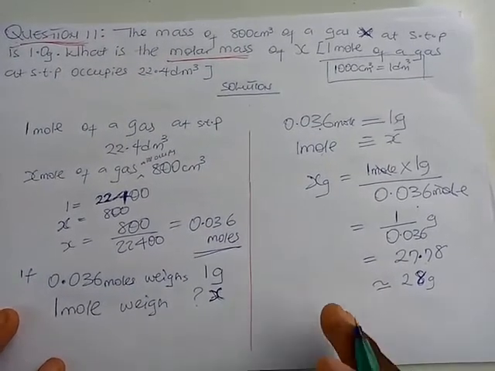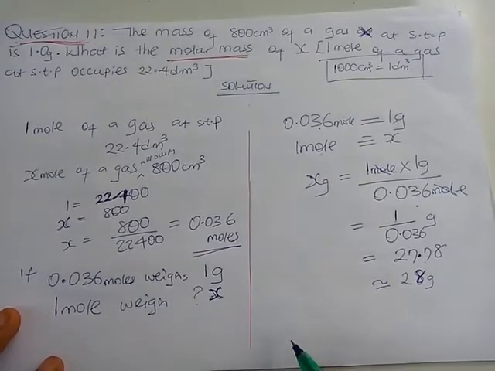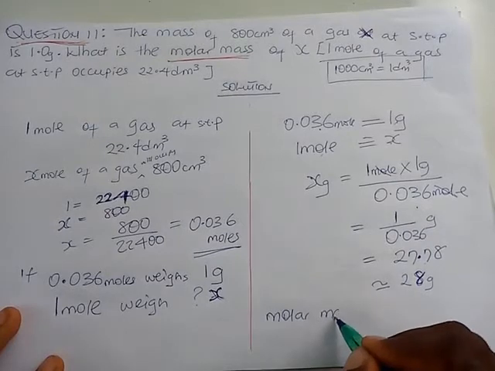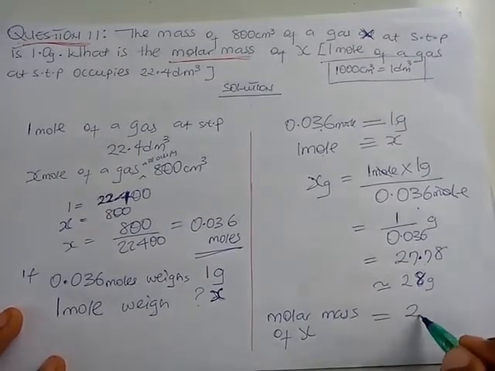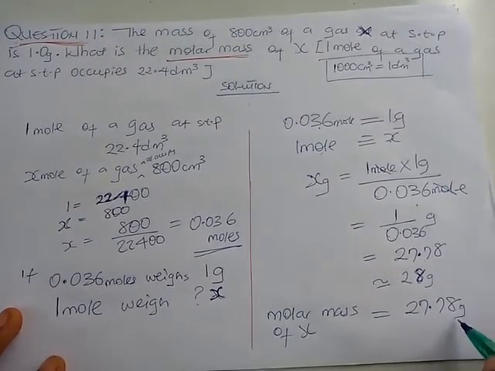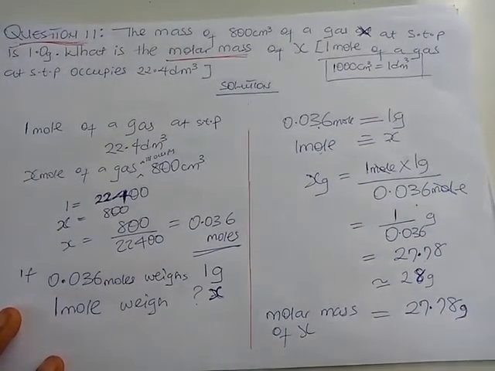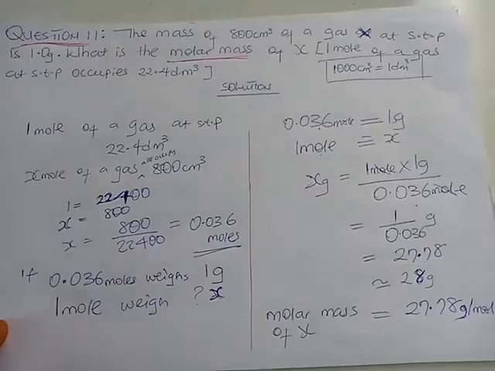So looking at this, what this means is that the molar mass of the gas X is equals to 27.78 grams per mole. And that is what we're asked to find.